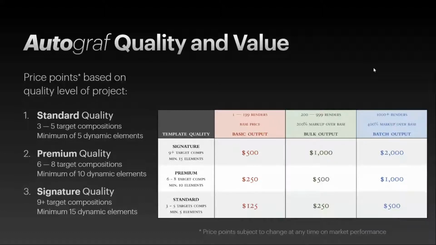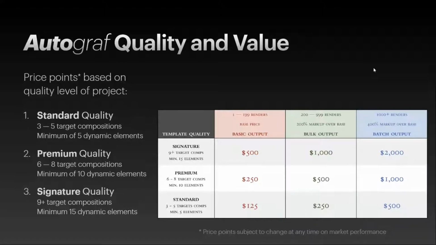So we've categorized these templates, or autographs, at 3 different levels of quality: standard, premium, and what we call signature. There are 2 metrics we use to determine quality. One is how many compositions inside the project are intended to be rendered out by an automated system. We call these target compositions. If you've used Templater, you understand the term: it's the composition that Templater will grab from the project and render to disk.